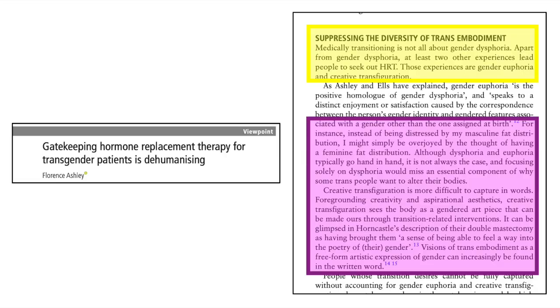That's certainly true. Foregrounding creativity and aspirational aesthetics, creative transfiguration sees the body as a gendered art piece that can be made ours through transition-related interventions. It can be glimpsed in Horncastle's description of their double mastectomy as having brought them, quote, a sense of being able to feel a way into the poetry of their gender.